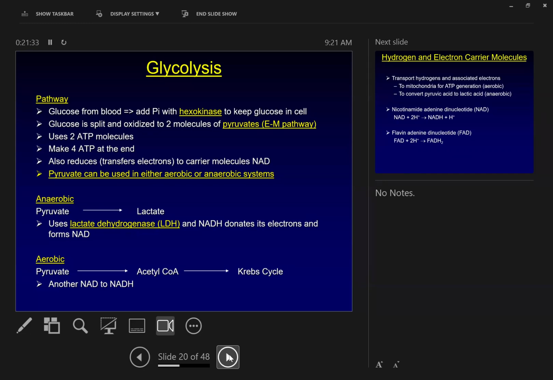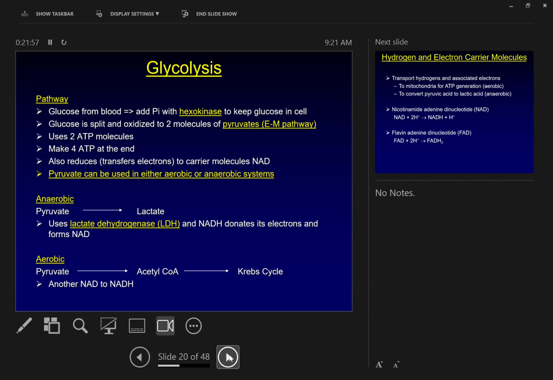It makes 2 sometimes, 3 sometimes, and 4 other times, and it averages out to that. You can't make half an ATP. We will talk about what tips the pyruvate in one direction or another in a few slides. But that's glycolysis.